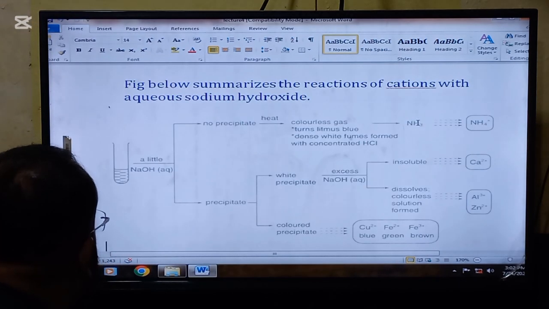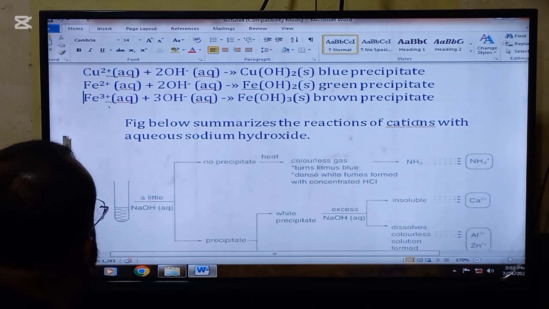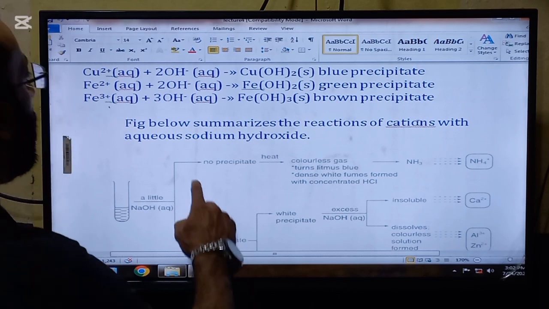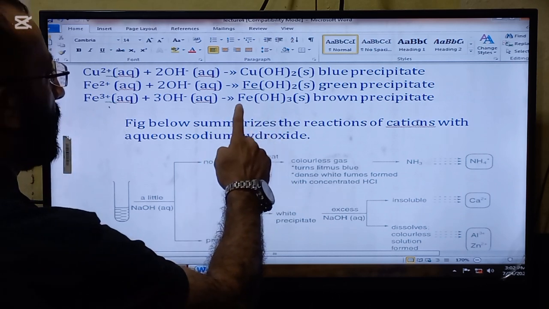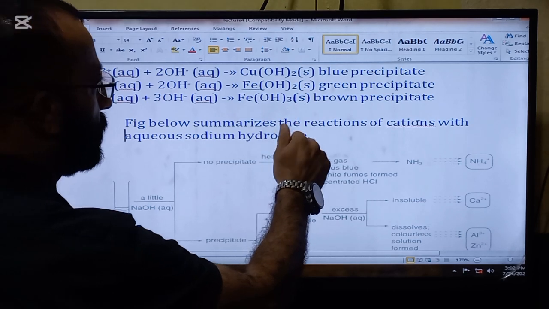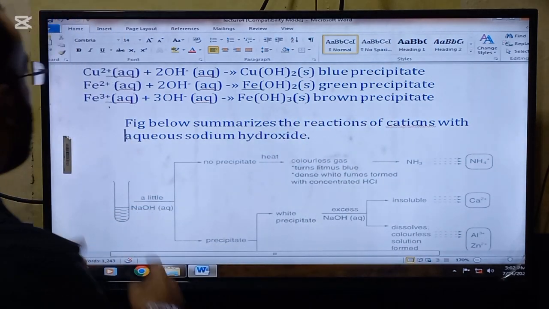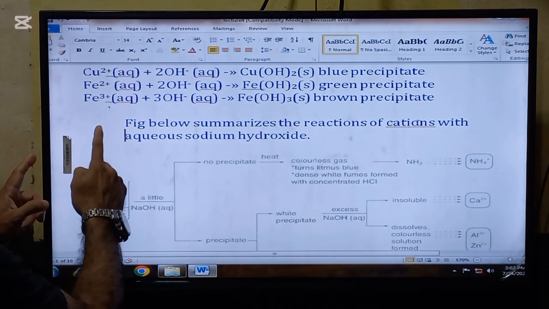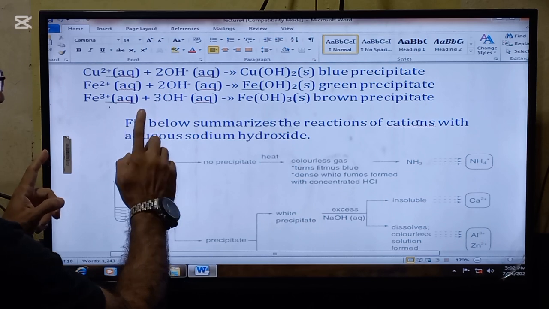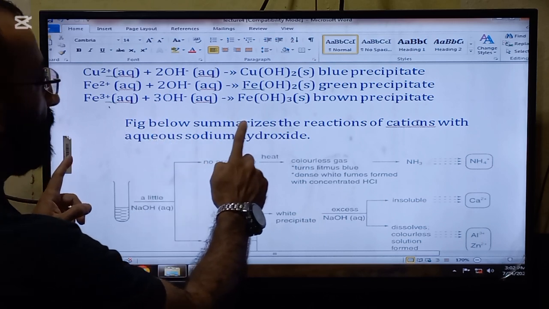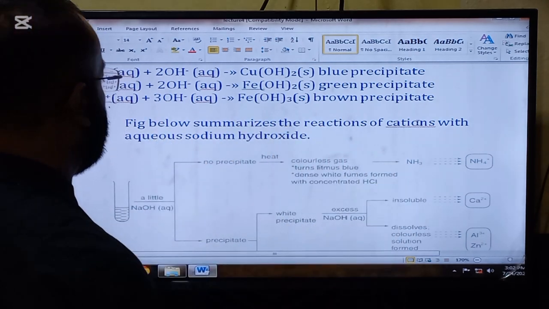When iron, Fe2+, reacts with hydroxide ion, it forms iron hydroxide, Fe(OH)2, a green precipitate. And when Fe3+ reacts with hydroxide ion, it forms Fe(OH)3, a brown precipitate.